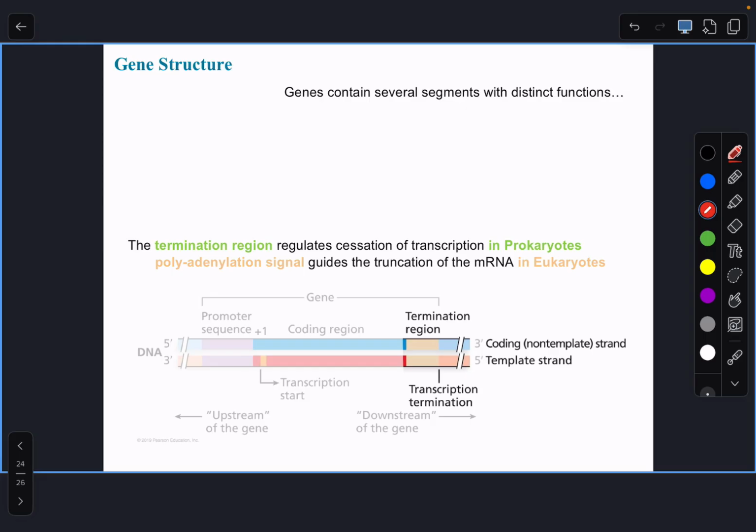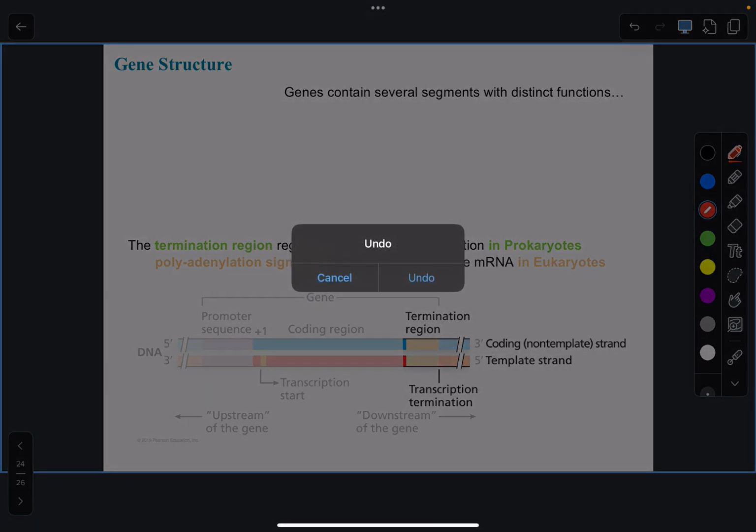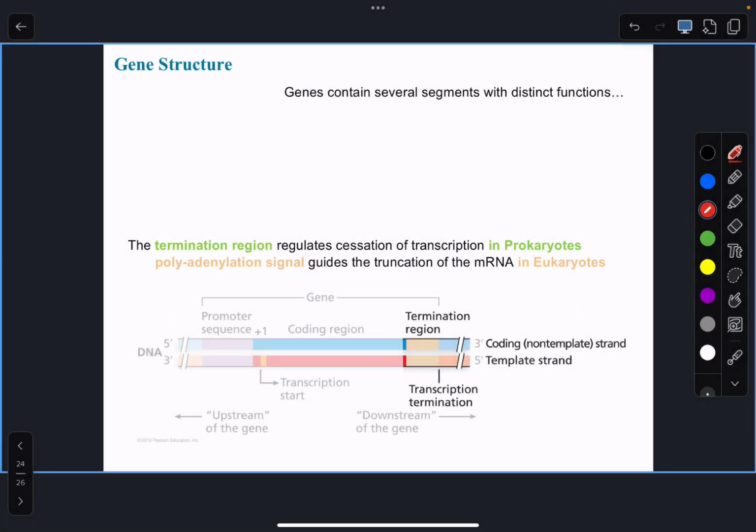So you end up with an RNA that is truncated and polyadenylated, meaning it has had a bunch of A's added to it. Very common mistake to think that the poly-A tail that you will see in any mature eukaryotic mRNA is coded in DNA, meaning that in DNA, eukaryotic protein coding genes at some point will have T in the template strand, which will result in a poly-A being transcribed.